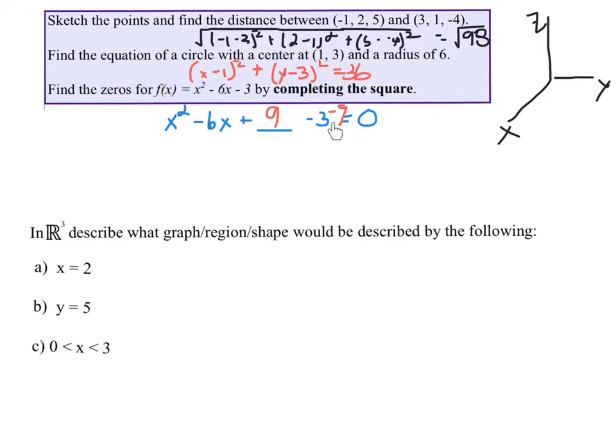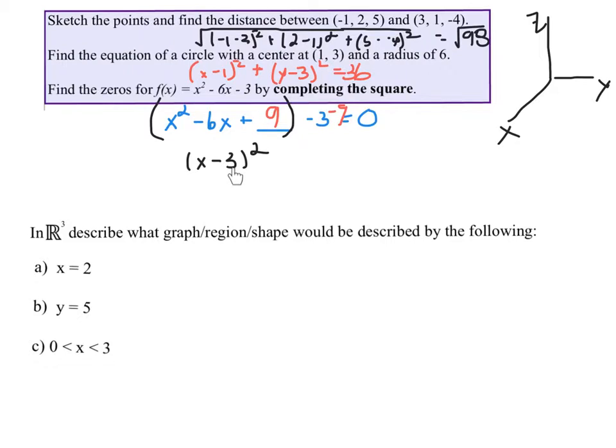So adding 9, subtracting 9, we really haven't done anything to the equation other than create a way to collapse this down to a simpler x minus 3 squared. And again, the reason we know it's x minus 3 is it is half of this middle value, half of -6.